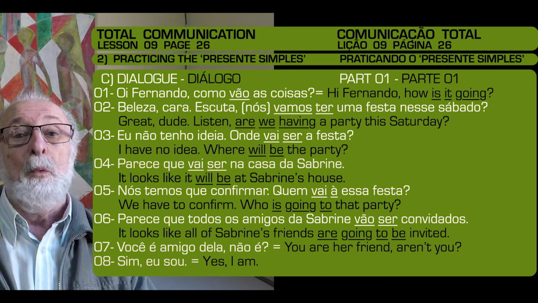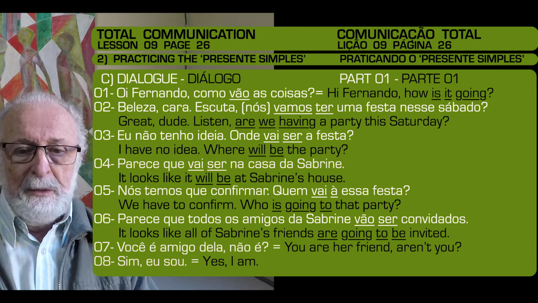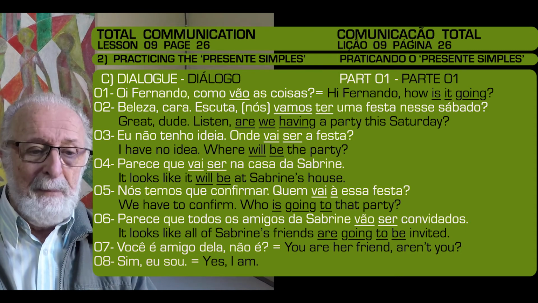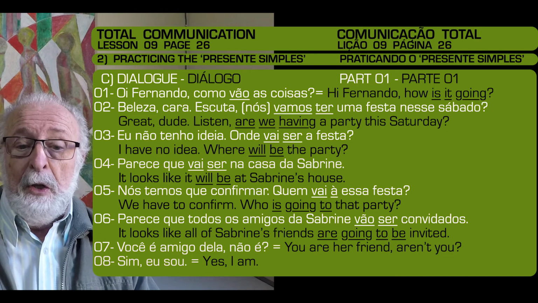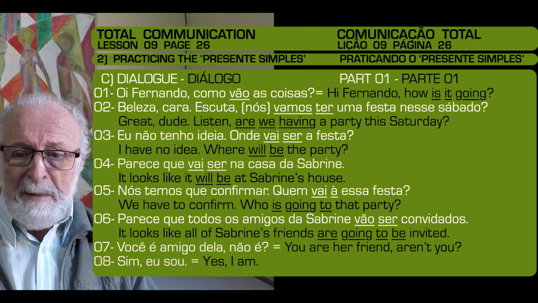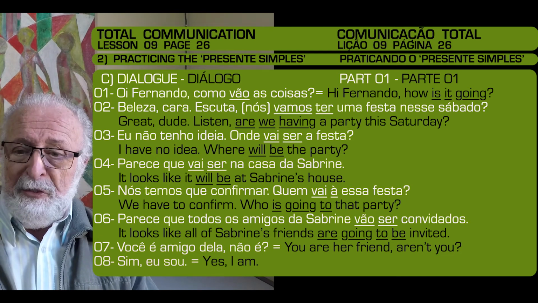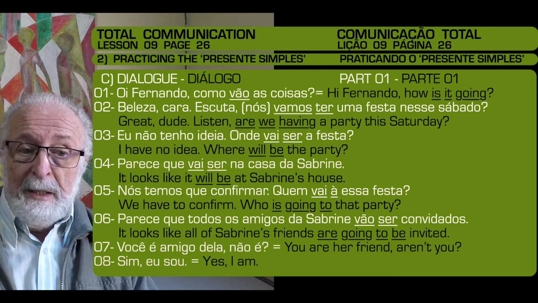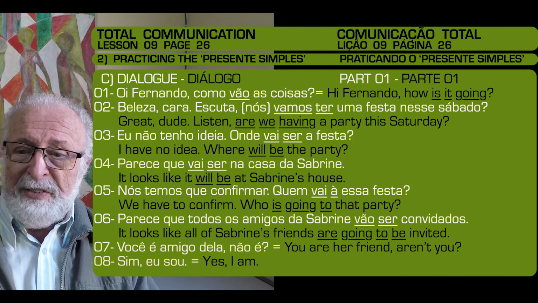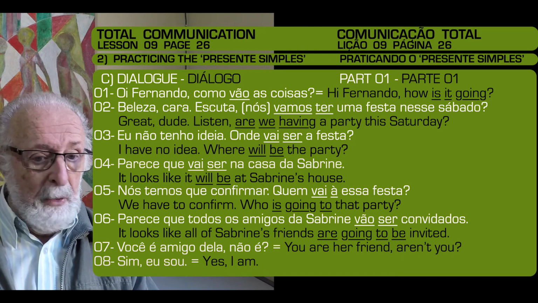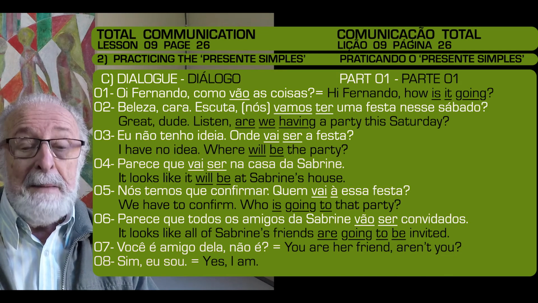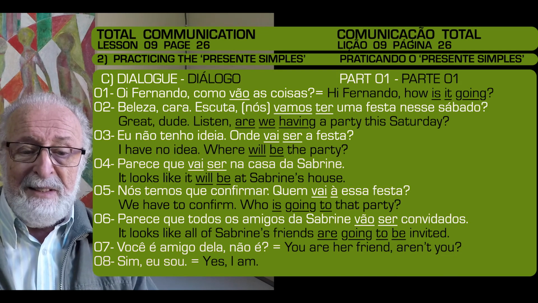Let's see line 1. Oi, Fernando. Como vão as coisas? Beleza, cara. Escuta, nós vamos ter uma festa nesse sábado? Nós vamos ter uma festa nesse sábado? Beleza, cara. Escuta, nós vamos ter uma festa nesse sábado? Eu não tenho ideia. Onde vai ser a festa? Parece que vai ser na casa da Sabrine.